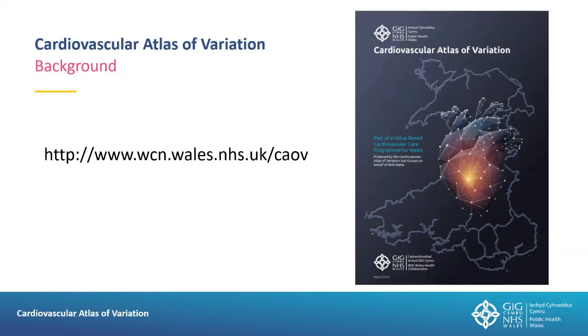Now, the Atlas was published in March last year as a paper document, but actually it's much better as an electronic document. And if you're working in Wales, and even if you're not, you can go on the link there.